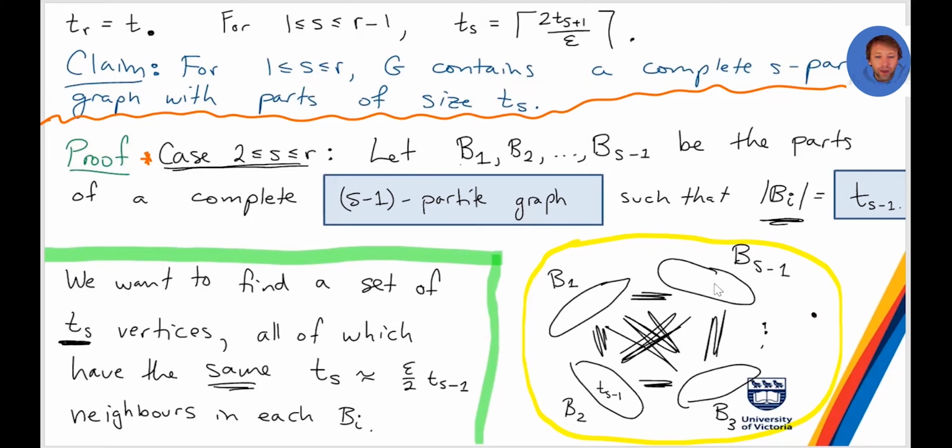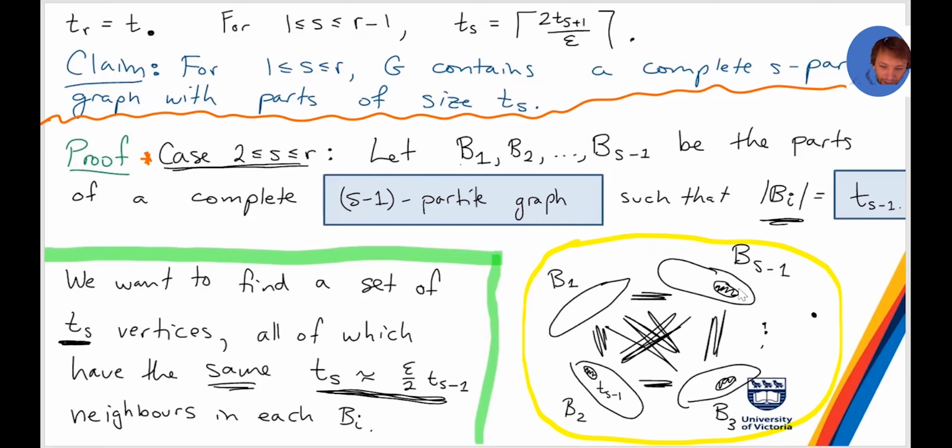So what we want is a bunch of vertices where there's a kind of common neighborhood. So T sub S, by the way, is smaller than T sub S minus 1. T sub S is like epsilon over 2 times T sub S minus 1, give or take. There are these ceilings that kind of mess it up, but give or take, it's like epsilon over 2 times that.